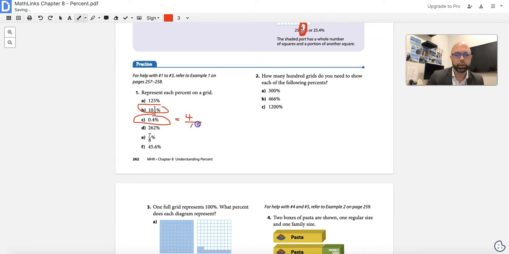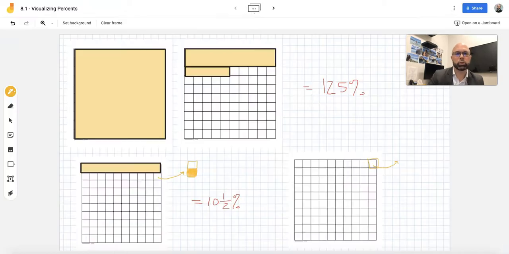Literally the same thing. Right, so you're going to go back here, and this time we do need a square that is 10 cells. Okay, and then I'll use my coloring highlighter. And now I need to color in 4 of those 10 cells. Right?